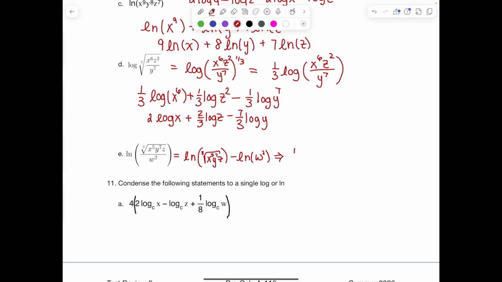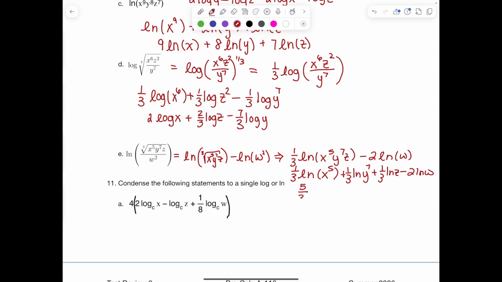Next thing, let's break down that 1/3 ln of x to the 5th, y^7 z minus, and I'm going to bring that 2, so 2 ln of w. Then I can split this up. I get 1/3 ln of x to the 5th plus 1/3 ln y^7 plus 1/3 ln z minus 2 ln w.